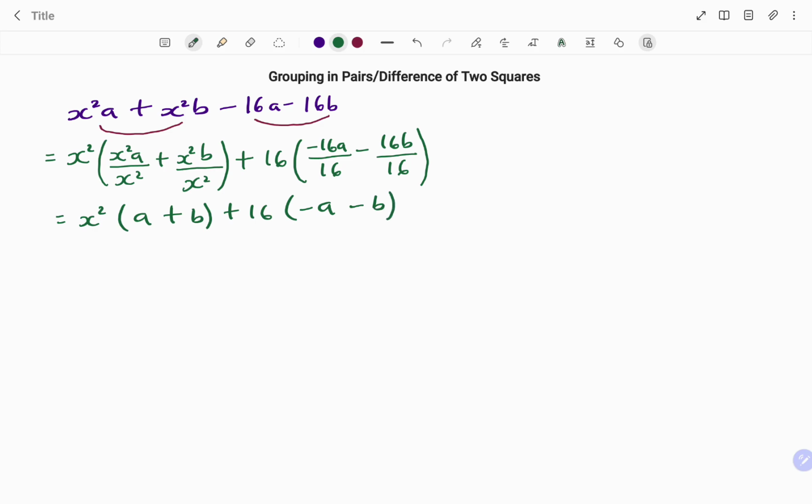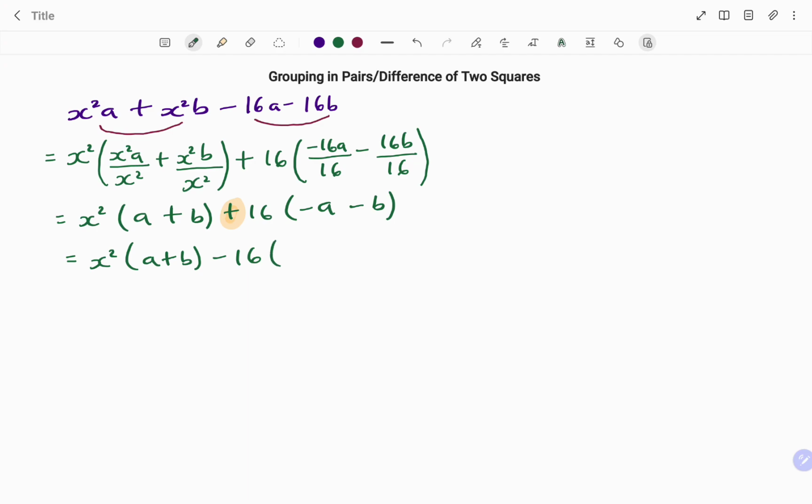The content of the bracket, if you look at it, I have plus A plus B minus A minus B. To make the content of the bracket the same, I'm going to take out minus 1 on my right-hand side. And what that means is the sign in the middle will change. So therefore, I have that as x squared, A plus B, minus 16, because minus 1 times plus 16 will give you minus 16.